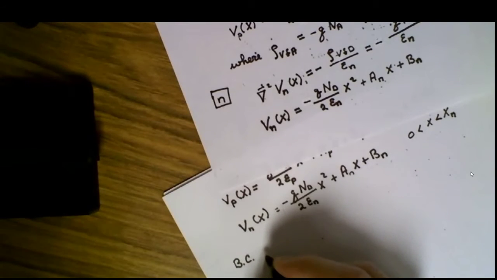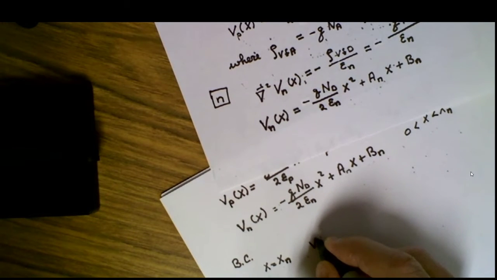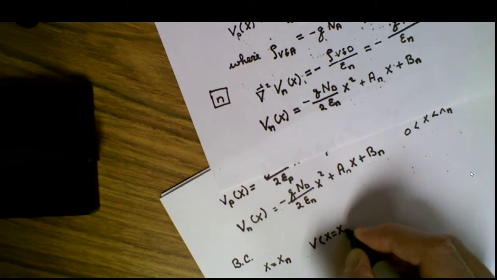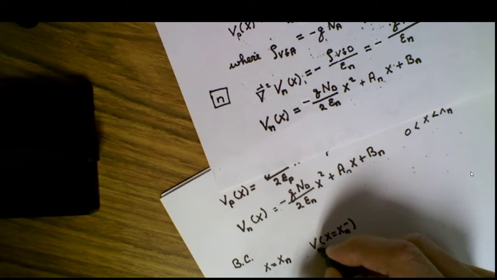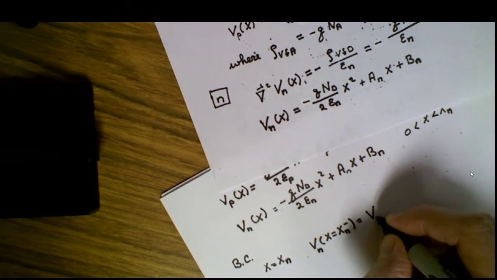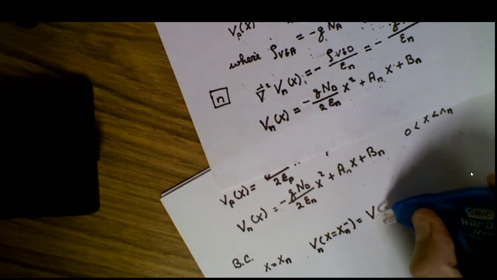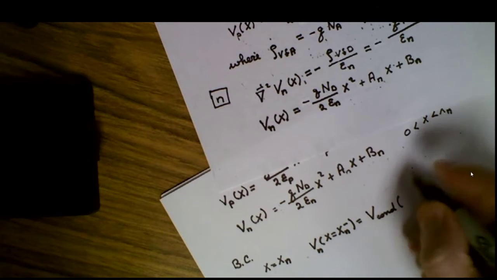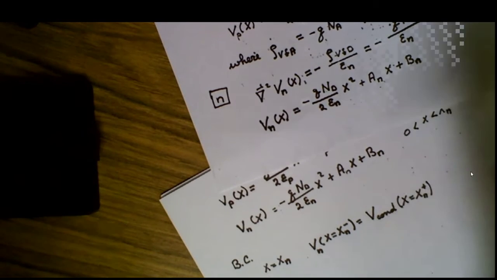Hence, this will be at x is equal to x sub n, the potential at x is equal to x sub n minus must be equal to the potential of our conductor, at x is equal to x sub n plus, but the conductor is grounded.